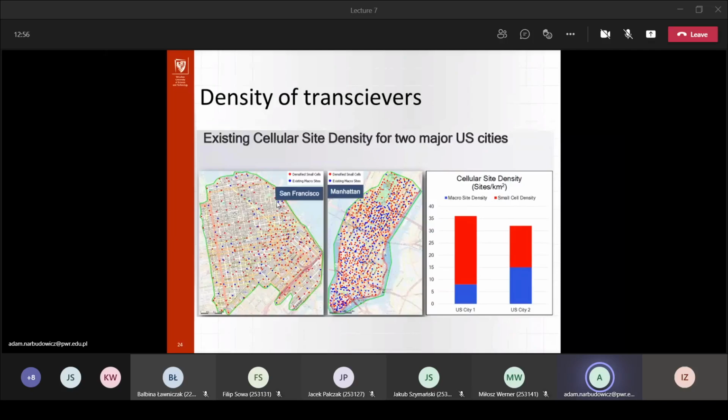And the second idea, which is also to some degree related to the previous one, has more to do with the human factor, actually, right? So basically the number of users.